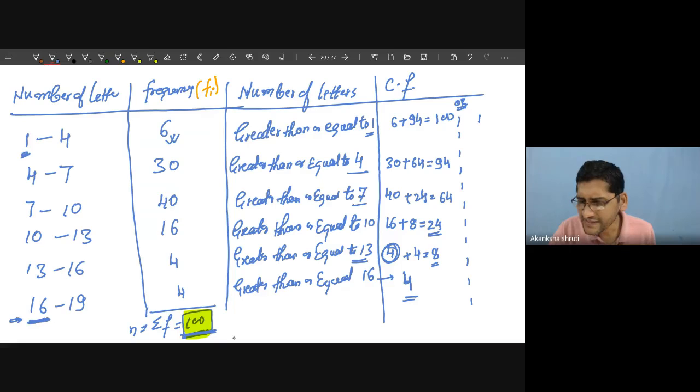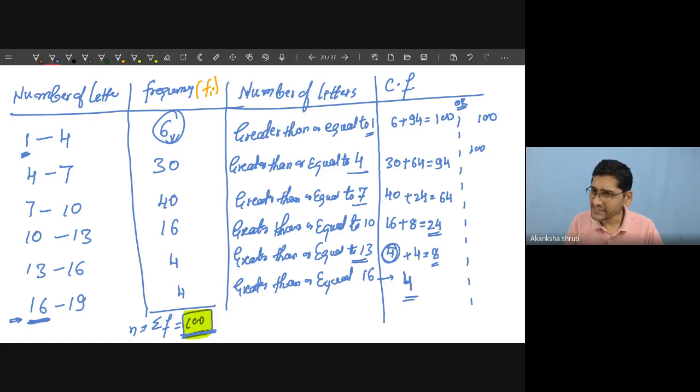So you may write this as 100 first, then going for 4 to 7. For this, greater than and equal to 4 means less than 4 has to be subtracted from this 100. Are you getting it? So this time you have to do what? 100 minus how much is less than 4? Can we determine? Yes, it is given in our frequency table as 6.